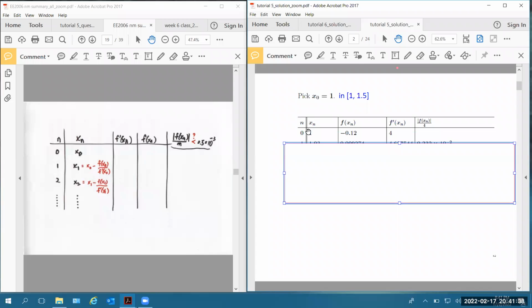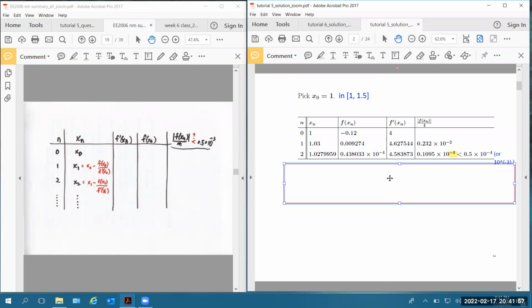I choose my x0 to be 1, so I do this calculation here. This one I skip, because I don't think it will be so accurate at the first try. Then I get my x1. You see that it's not yet there.